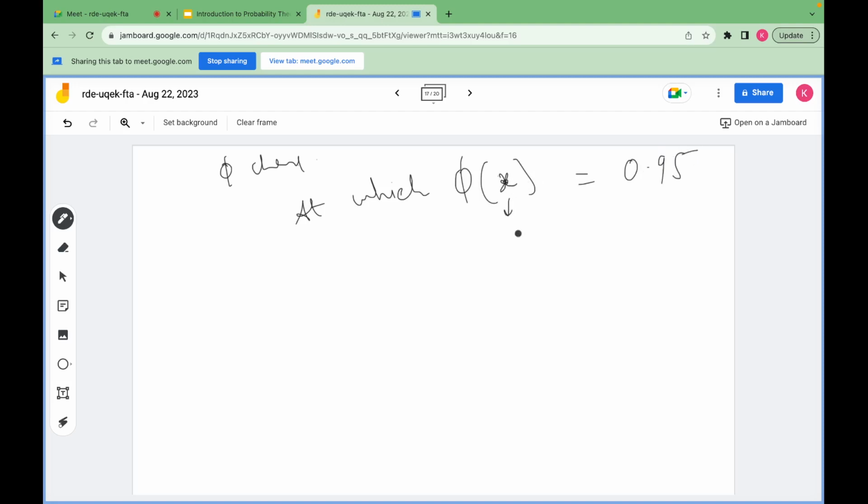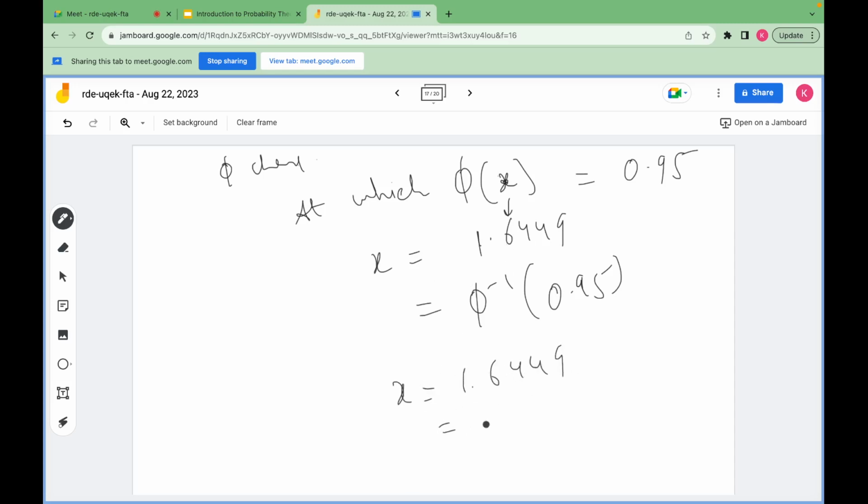So we can find this x. This x is nothing but phi inverse of 0.95. So from the chart we can see this x comes out to be 1.6449.